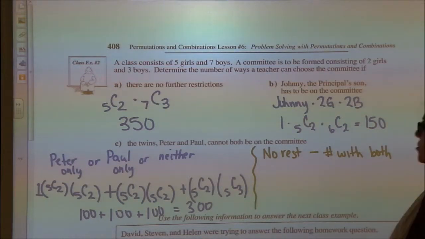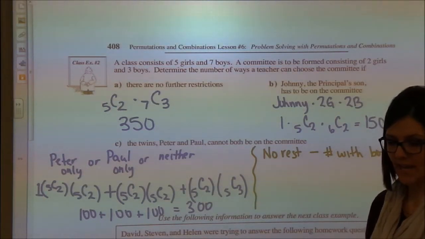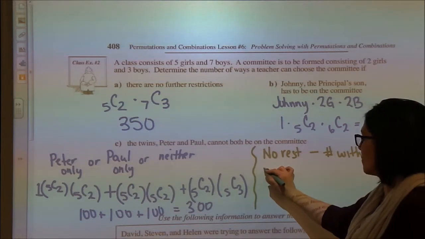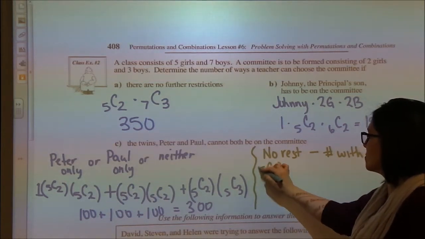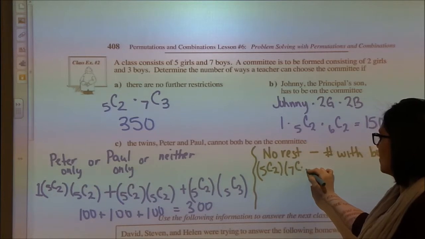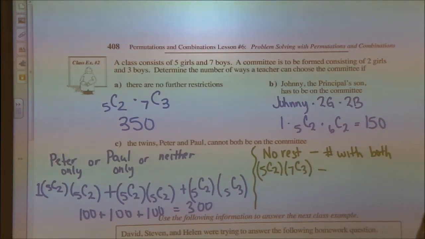So no restrictions would be taking that 350 from the first one, the 5C2, so the 2 girls and the 3 boys. And with both of them means that I take Peter, I take Paul, and then I take 1 out of the remaining 5.